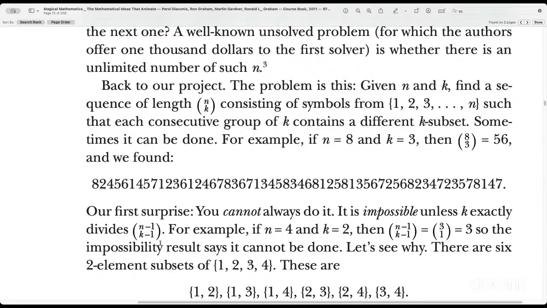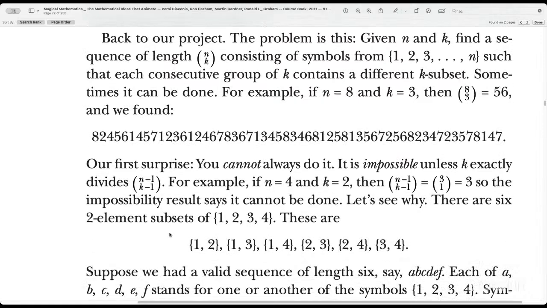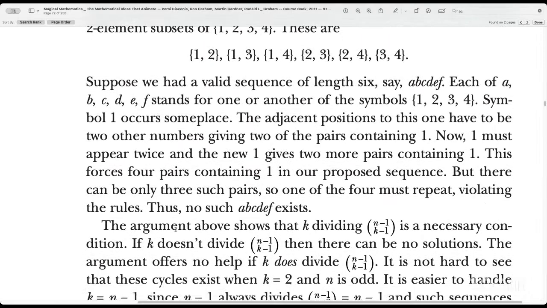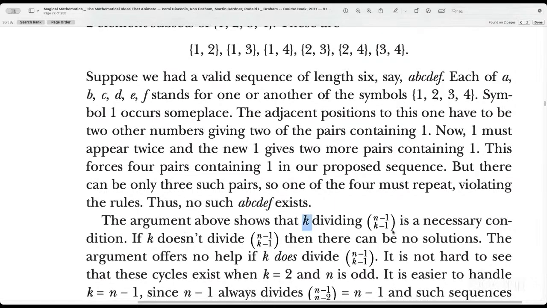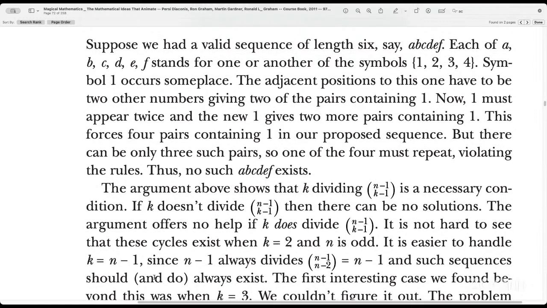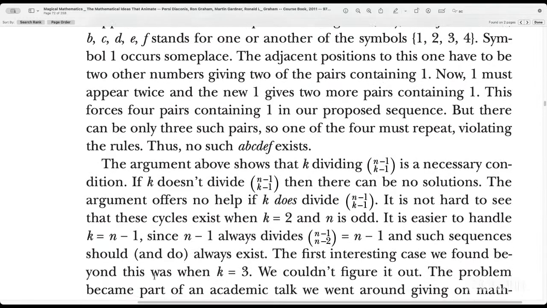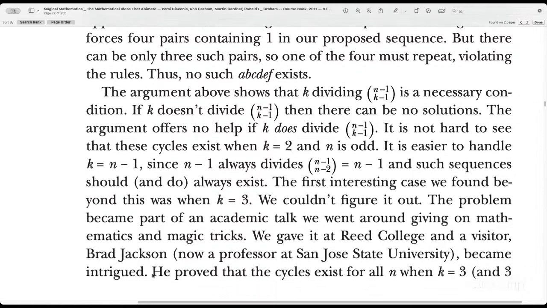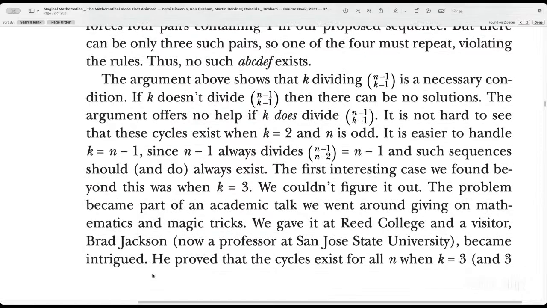So this condition is definitely necessary. So k dividing n minus 1 choose k minus 1 is a necessary condition. If it doesn't divide, you can't do it. If it does divide, it's not clear that you can actually do it.